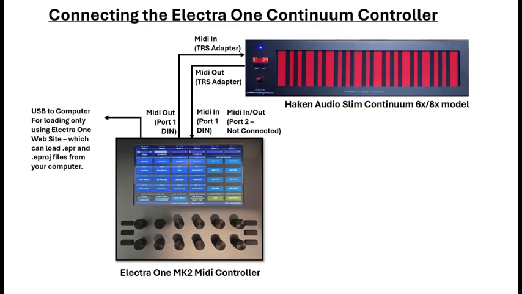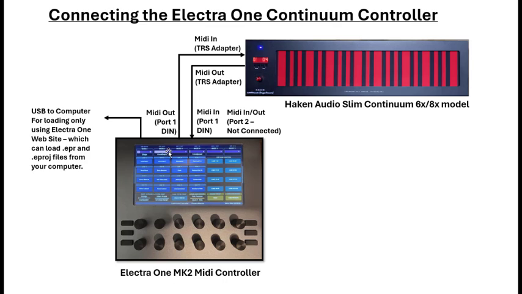Connect the DIN port 1 output of the Electra One to the MIDI TRS in on the Continuum. You'll need a DIN to TRS adapter for that. And you'll connect the MIDI in DIN port on the Electra One to the MIDI out using TRS as well. That's all you should need to do to connect this.